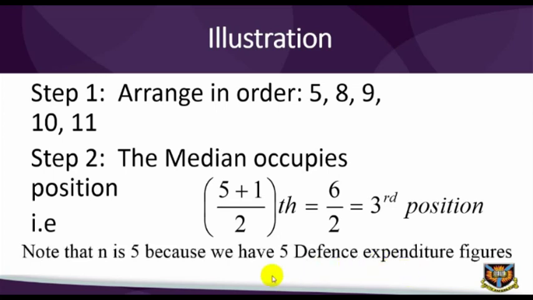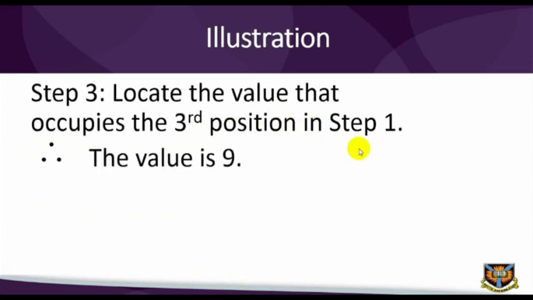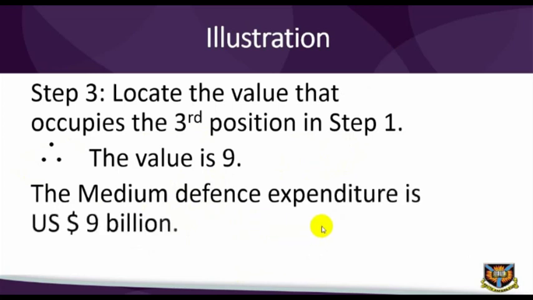Note that n is 5 because we have 5 defense expenditure figures. Step 3. Locate the value that occupies the third position in step 1. The value is 9. Therefore, the median defense expenditure is 9 billion US dollars.